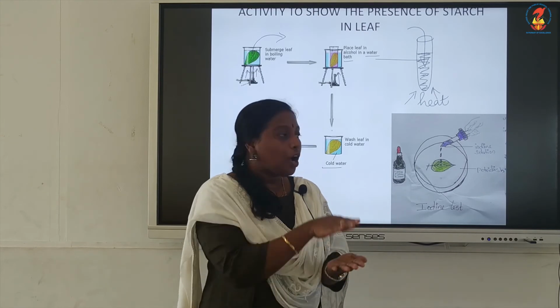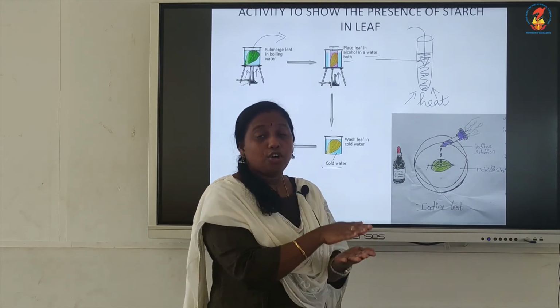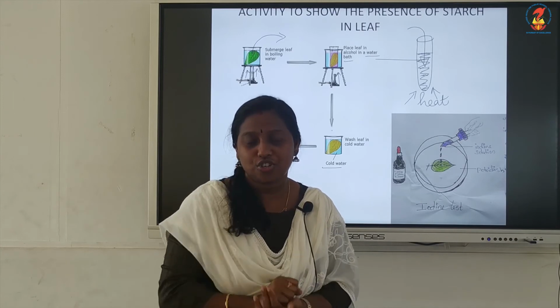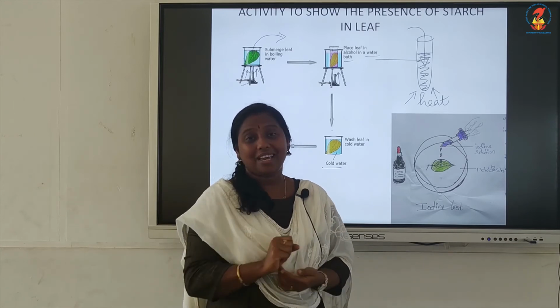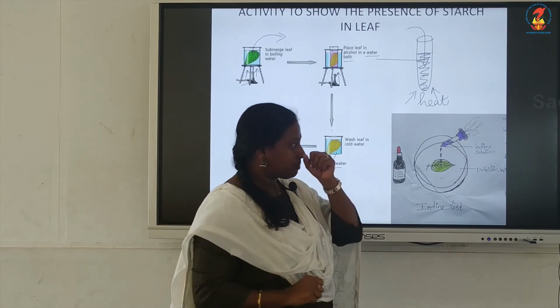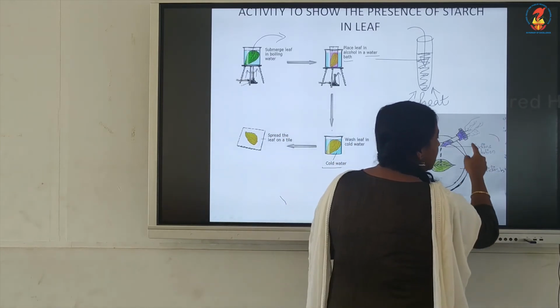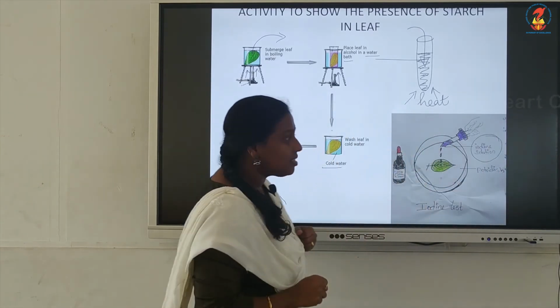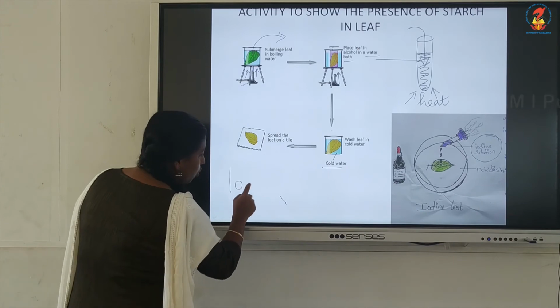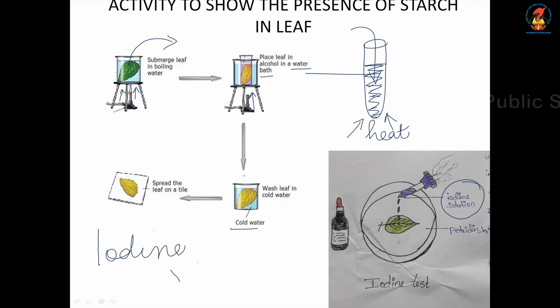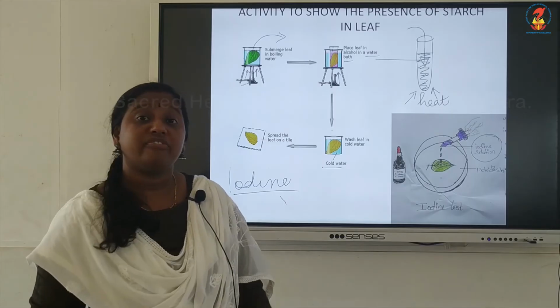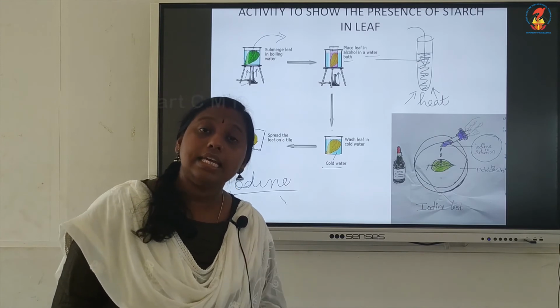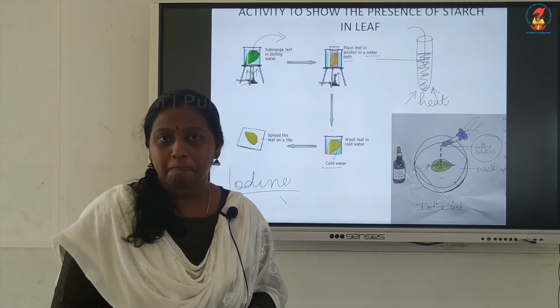Now on this colorless leaf, you are going to pour a solution. You are going to pour a chemical onto this colorless leaf. You call that chemical iodine. Now what is this iodine? This iodine solution is used to check the presence of starch in any food material.